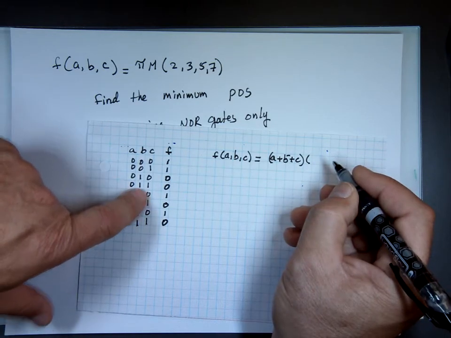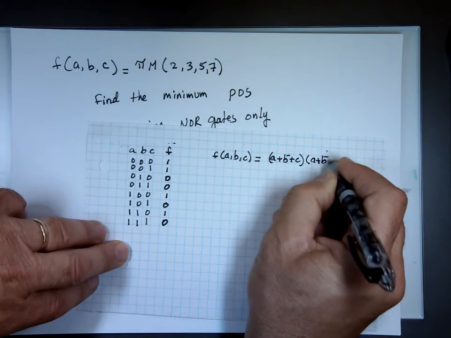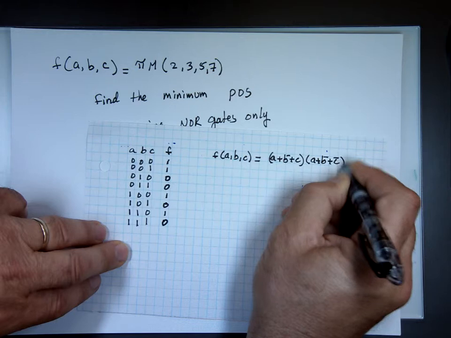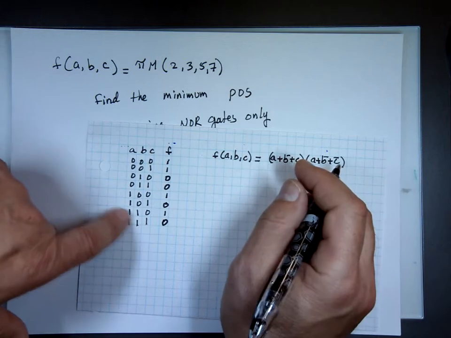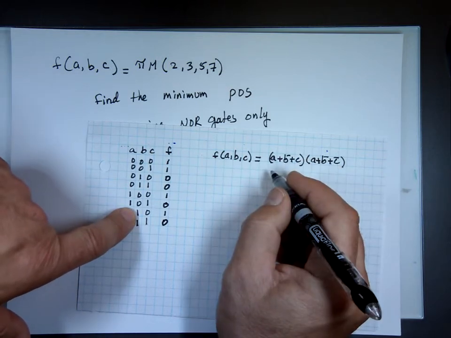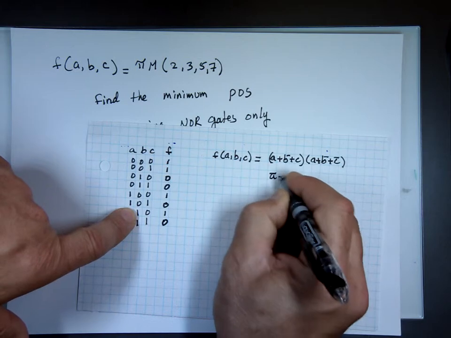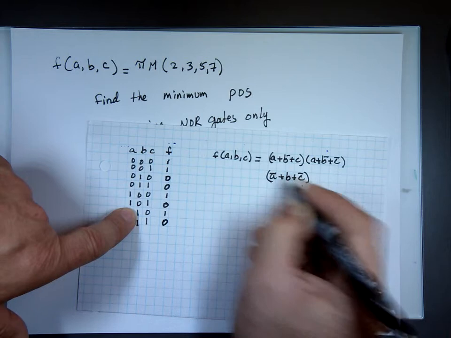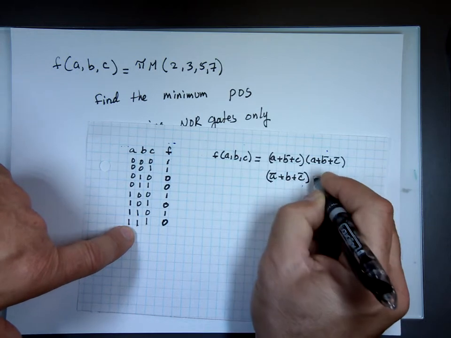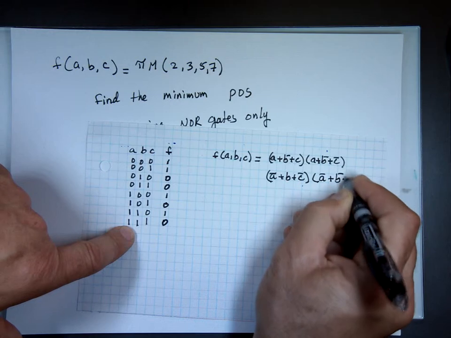A, B bar, C bar. The next one down here, A bar, B, C bar. And the last one is what? A bar plus B bar plus C bar.